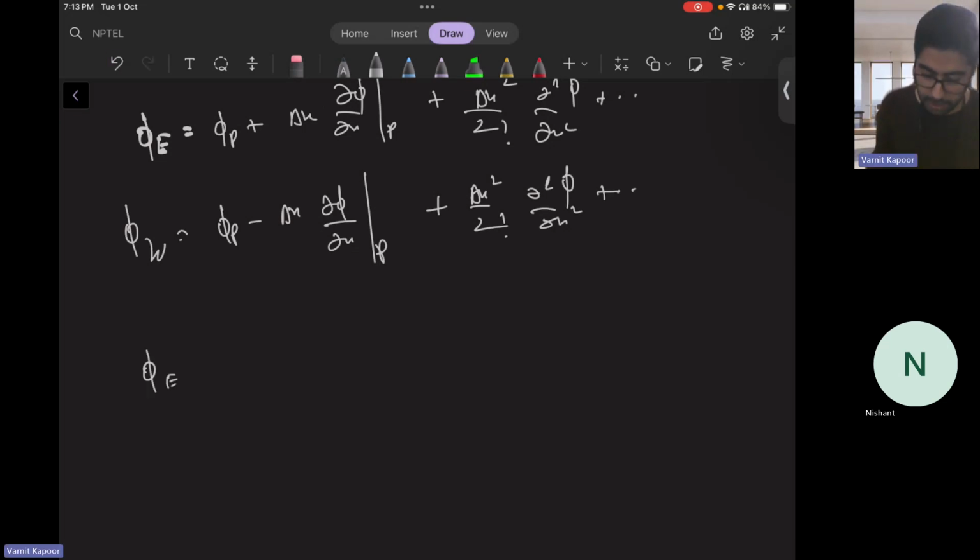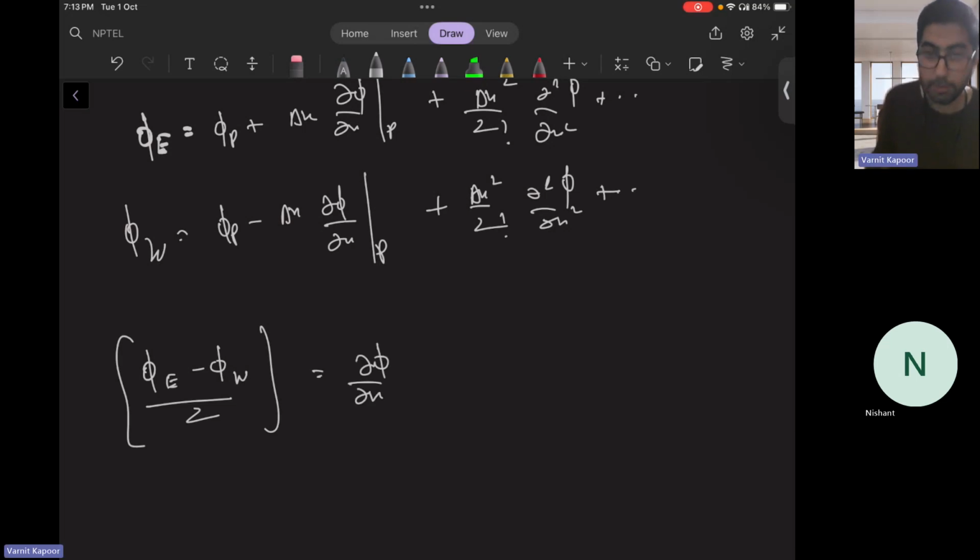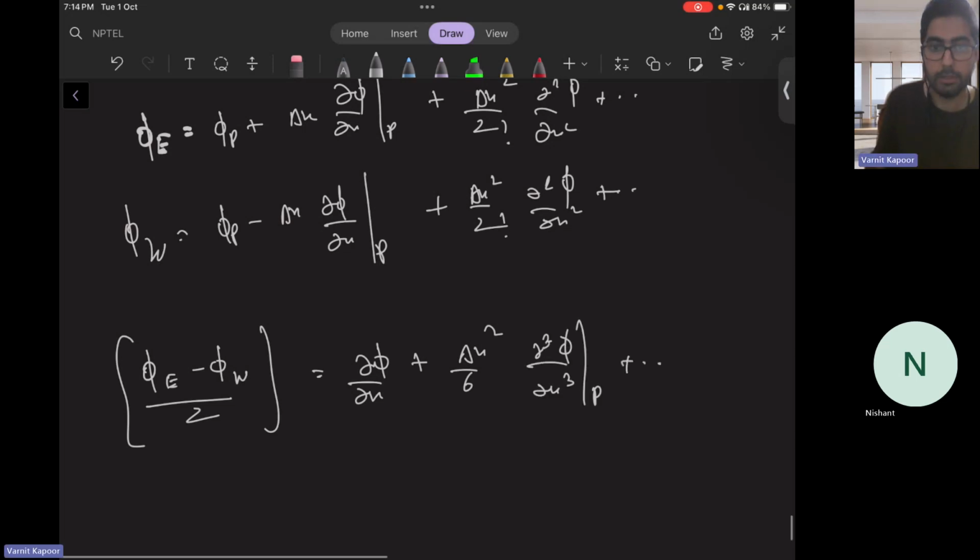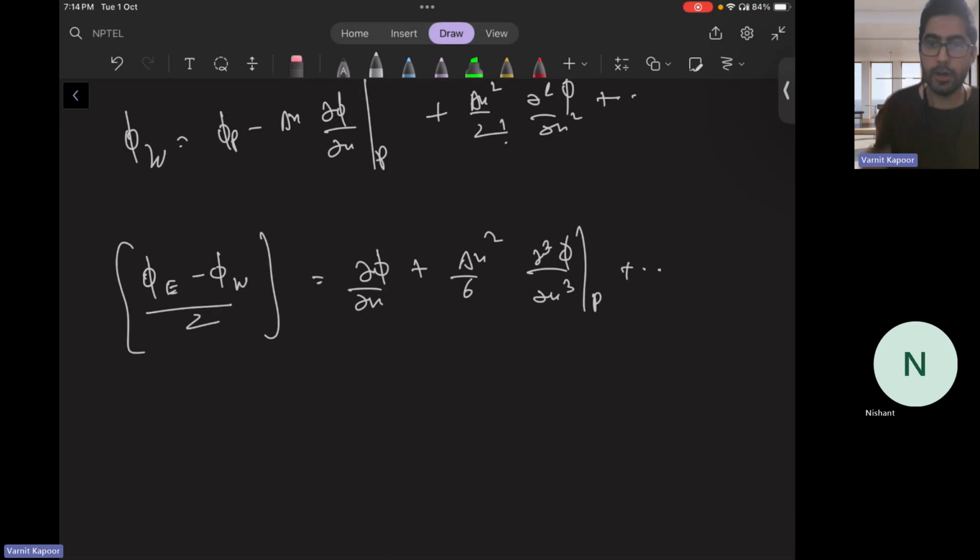So your phi e minus phi w by 2 delta x will give you dou phi by dou x plus del x square by 6 dou cube phi by dou x cube about p, and so on. Similarly, you will expand north and south about p.